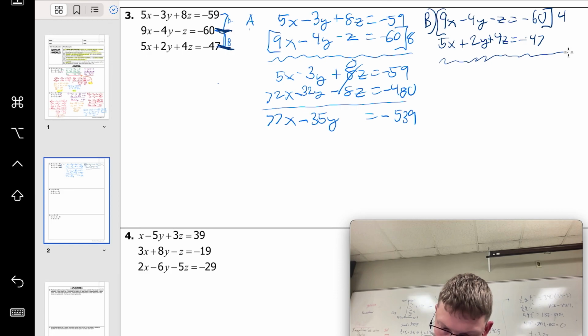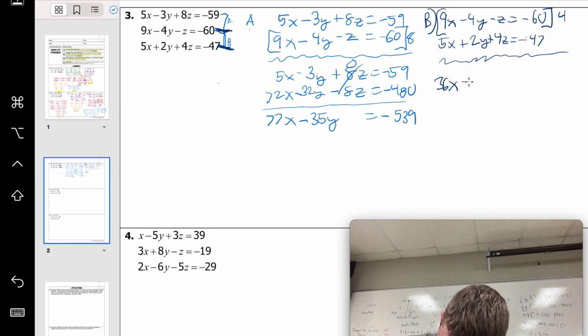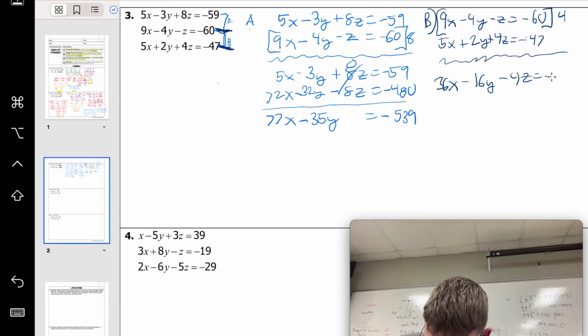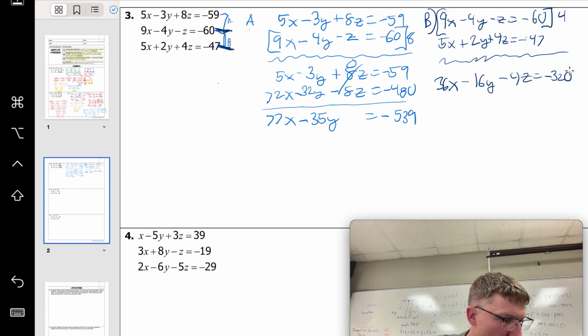So we've got 4 times 9 is 36x, minus 4 times 4 is 16y, minus 4z equals a negative 240, 60 times 4.